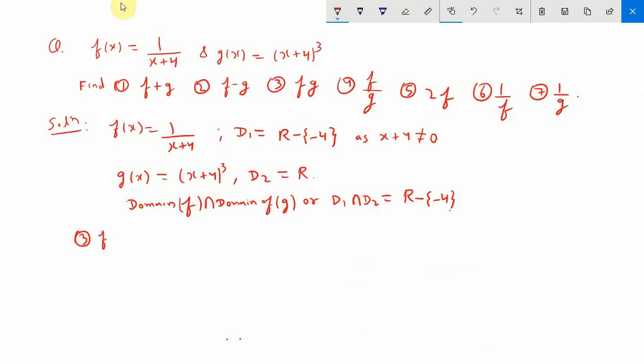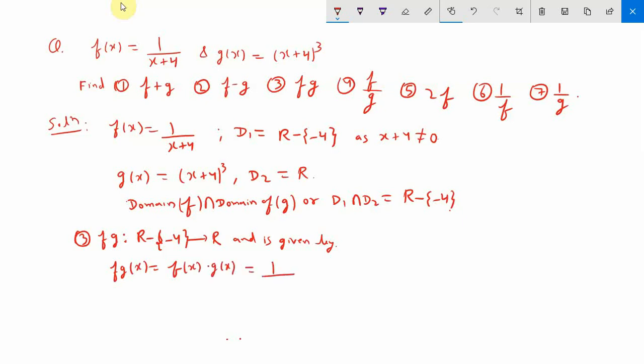So fg domain will also be R minus {minus 4}, okay, and range will be R and is given by (fg)(x) equal to f(x) into g(x).